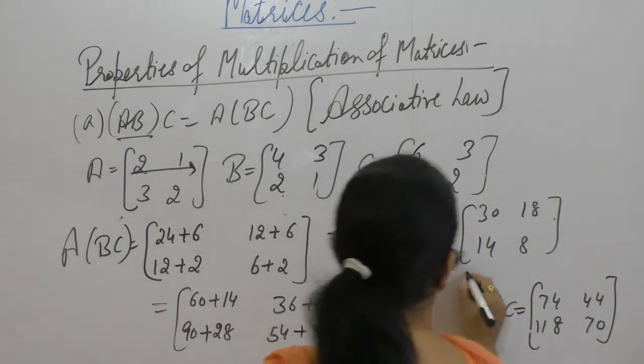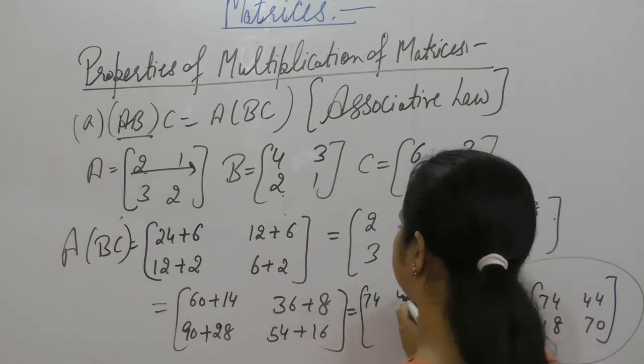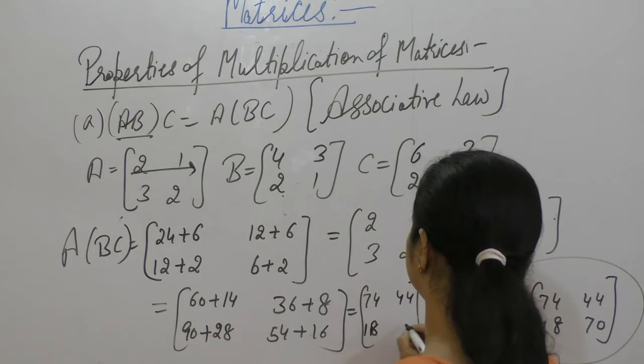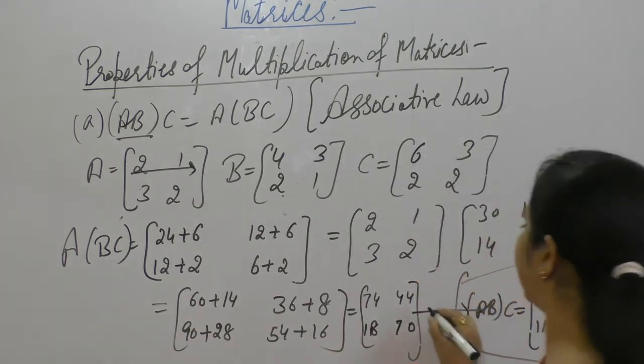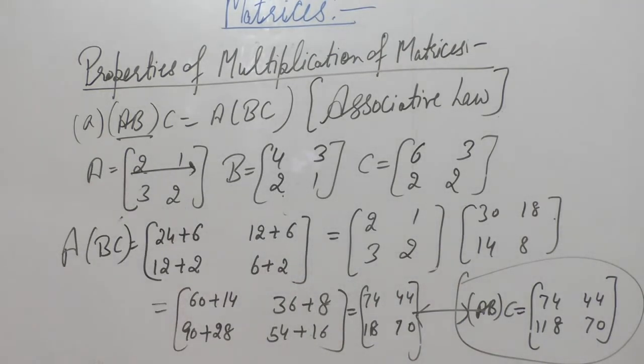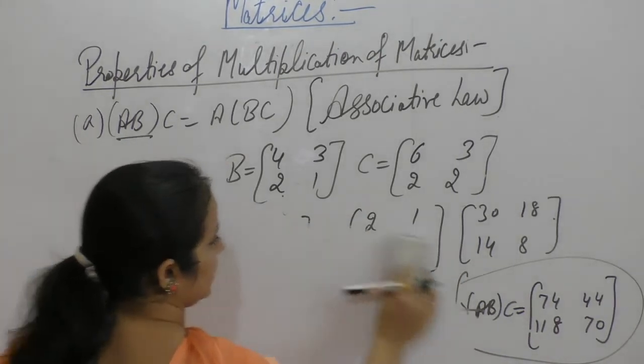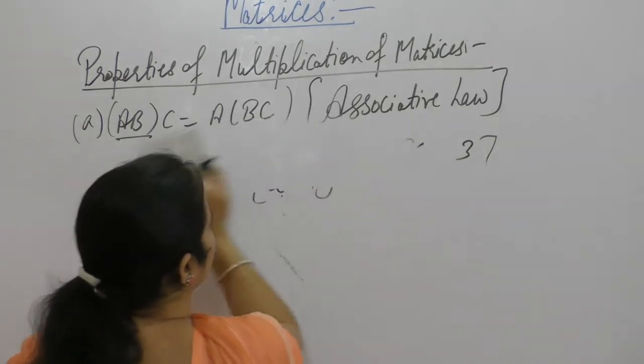So that is equal to the result. So these two matrices are equal. So multiplication is associative. Now the next property is the distributive law.